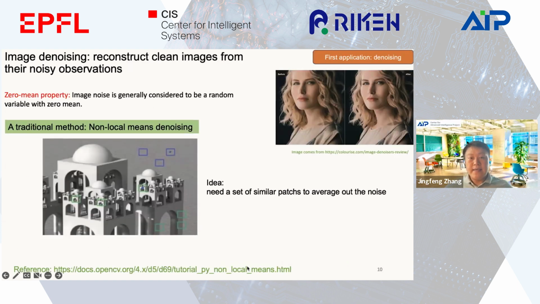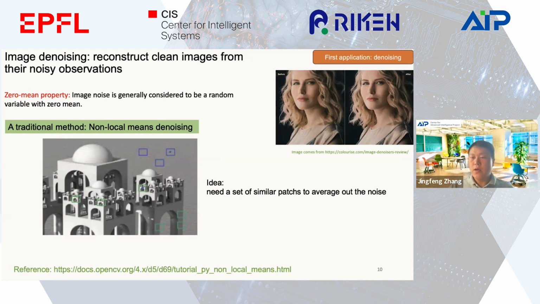Image denoising is to reconstruct the clean image from its noisy observations. Therefore, it is commonly used in medical images, satellites, and cameras. In image denoising, the noise is generally considered to be a random variable with zero mean.